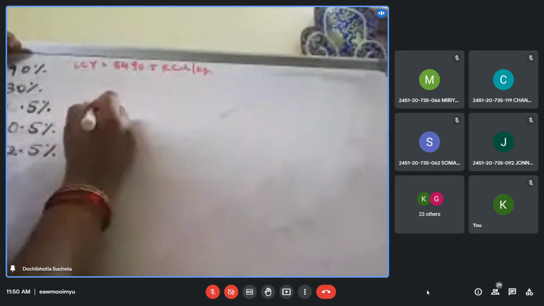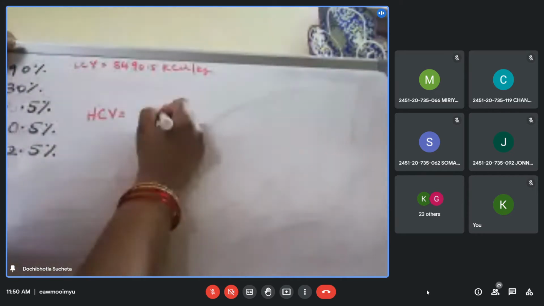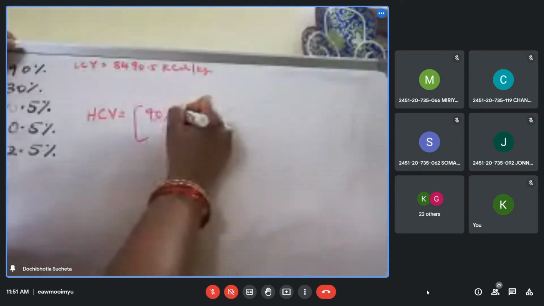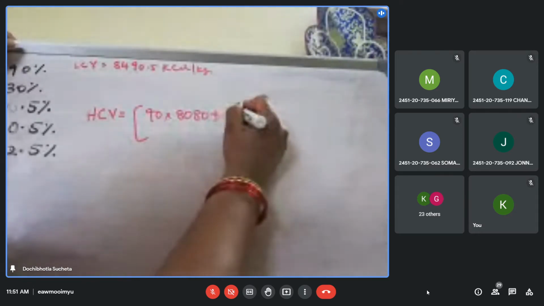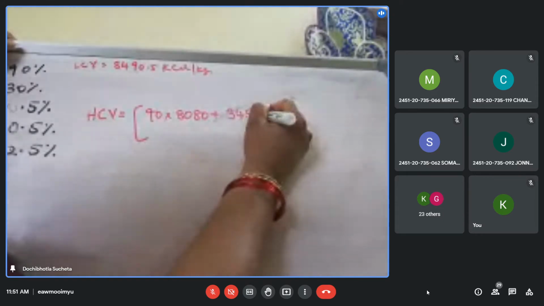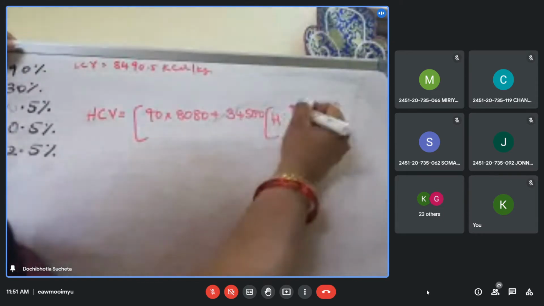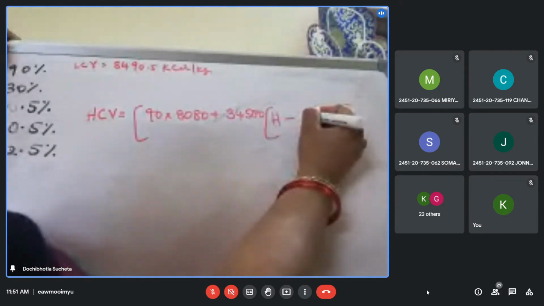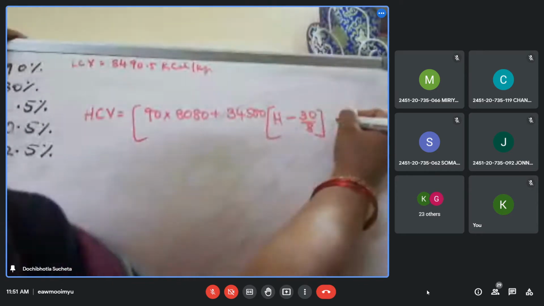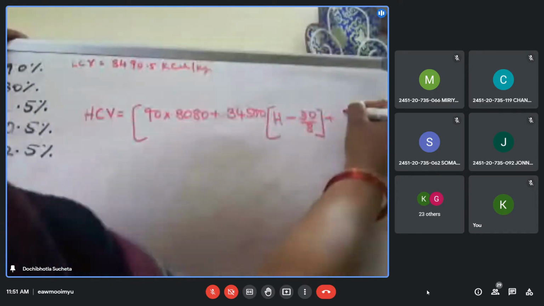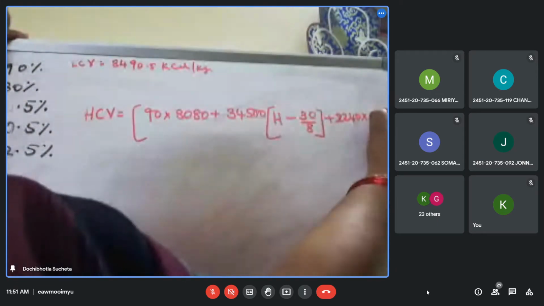Now, HCV is equal to 90 into 8080 plus 34,500 into capital H, which is what we have to find, minus oxygen, 30 by 8, plus 2240 into 0.5.